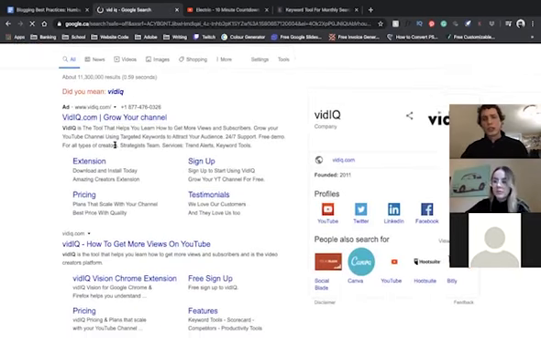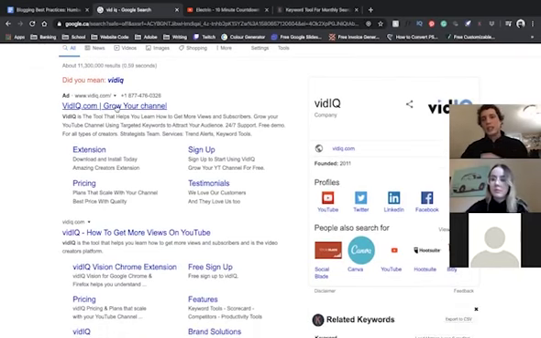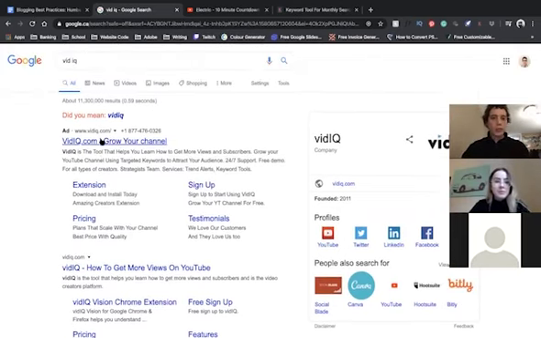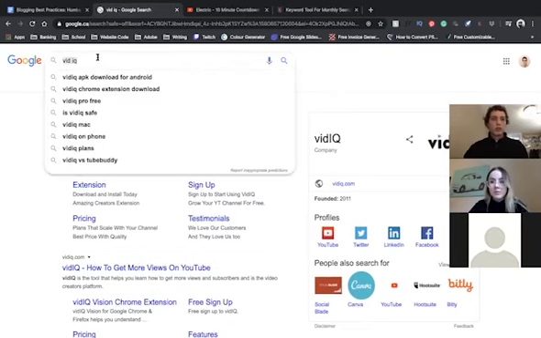I'm not going to go too much into detail on this one, but this is basically the same thing for YouTube. You can get this extension as well, and it's going to give you keyword suggestions for YouTube videos, and then you can get creative and think about how you can apply that. So that's vidIQ for YouTube keywords.